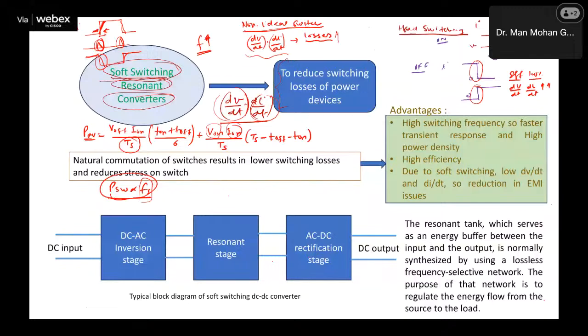So in soft switching, what happens and what is soft switching? If I define it, then soft switching is basically the technique by which, in one or more switches, it may happen in inverters, it may happen in DC to DC converters both, you can at least reduce or eliminate either the turn on losses or turn off losses or both.